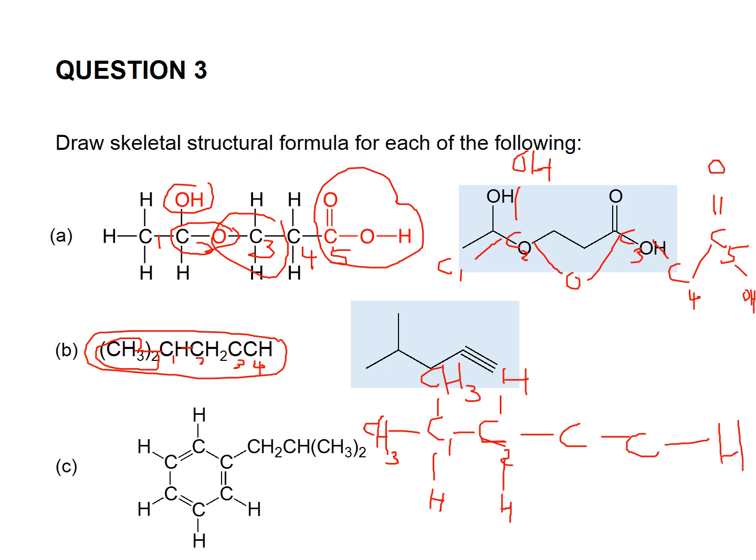So if you look at this structure, it's not octet yet. Okay, carbon 1 octet ada 4. Carbon 2 octet ada 4. Carbon ketiga dan carbon keempat, apa yang tak cukup kat sini? Bonding for your carbon 3 and carbon 4. So you know carbon 4 should have 4 bonds, but it only have 3 kat sini.